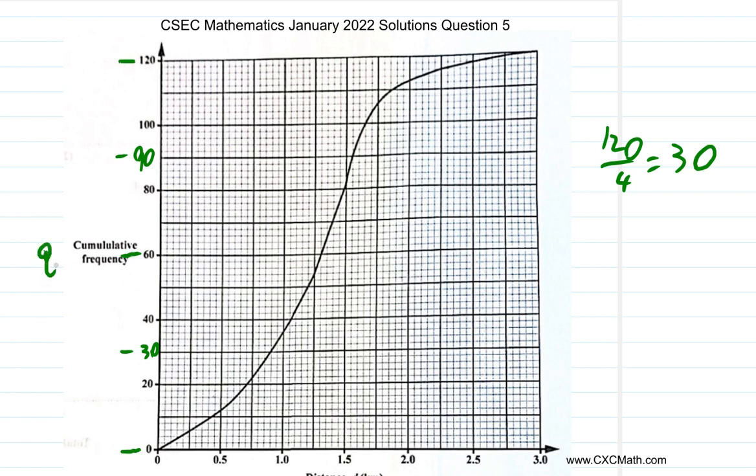This is Q2, 2 quarters mean half, right? Q1, Q2, Q3, right? First quartile, second quartile, third quartile. The fourth quartile would be 1 whole. 4 quarters make 1, right?